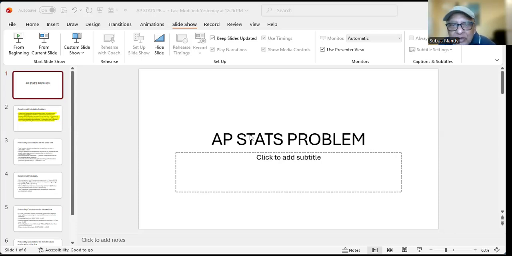Multiply that by the probability of the new line and you get the joint probability of being produced by the new line and defective. 0.032 times 0.637 is 0.0203.